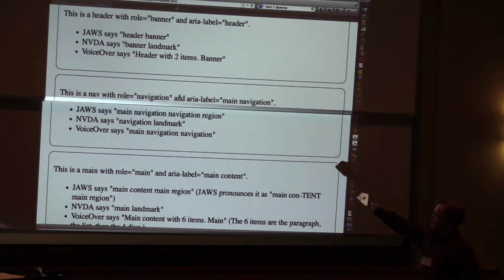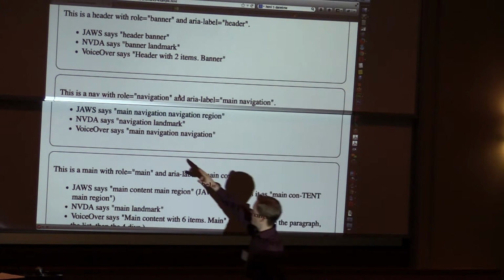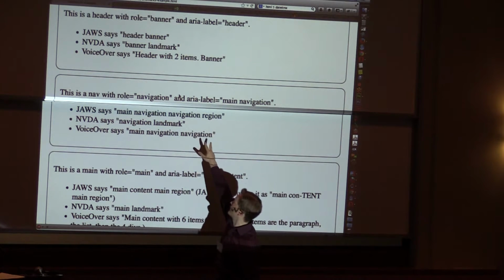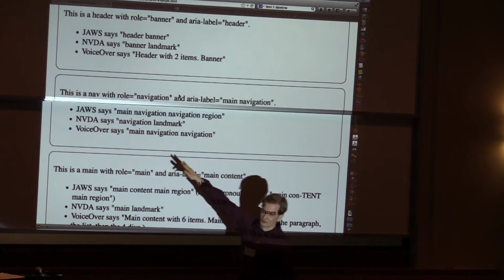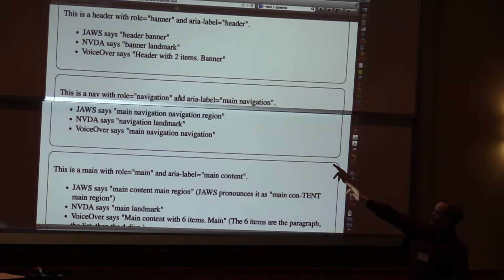So JAWS is actually giving us the label and then telling us what it's labeling, a navigation region. NVDA is actually ignoring the label, so in this case it's not doing much of a favor here. It's just telling us what the tag is, what it is.